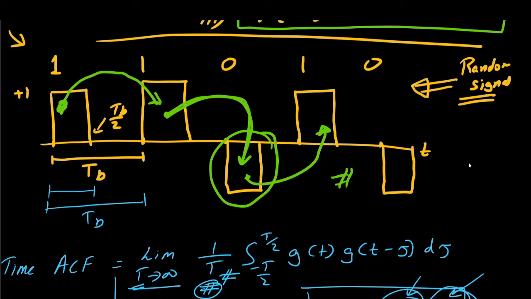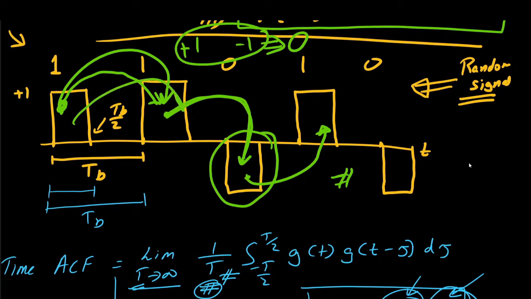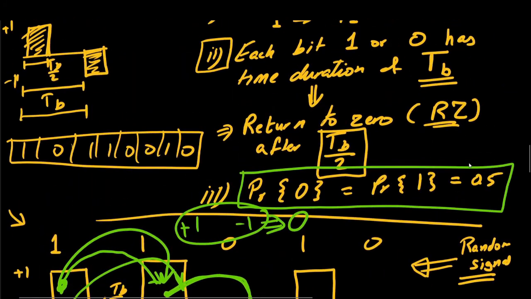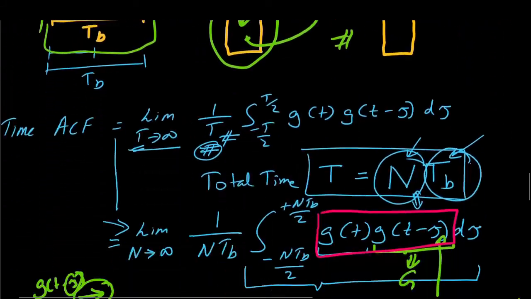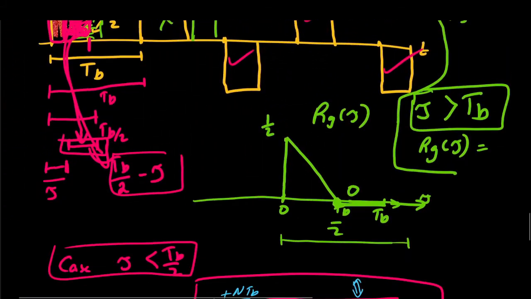But at the same time, the delay of this with this is a plus 1. So we have a plus 1 and a minus 1. Statistically speaking, the overall average, or the time autocorrelation function, would be 0 if the delay is greater than TB, if it is beyond this point. This is only valid if we have the condition of zeros and ones which are equally probable. So hence it would return to be 0 for tau greater than TB.